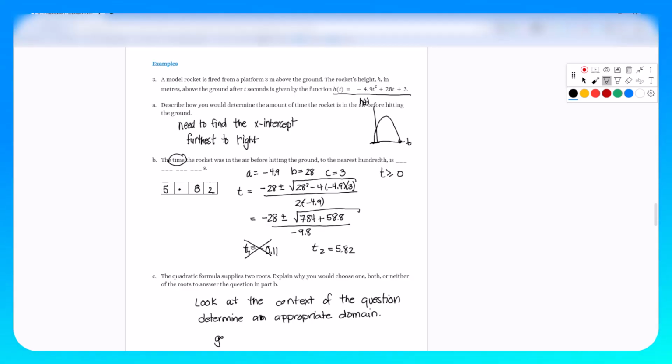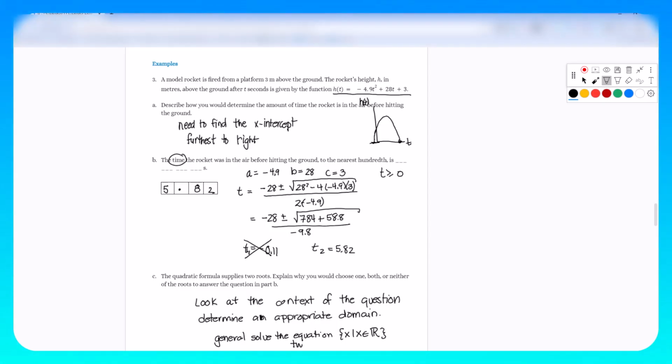For general solve the equation type things, we know that the domain for all quadratic equations that are not problem-based is this.